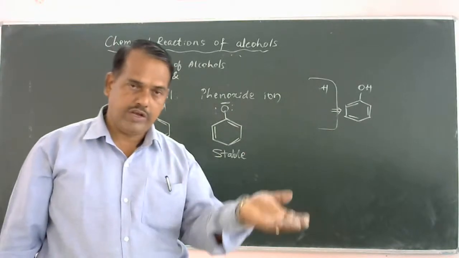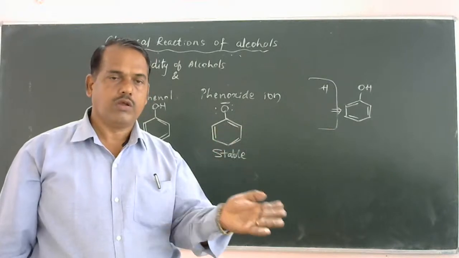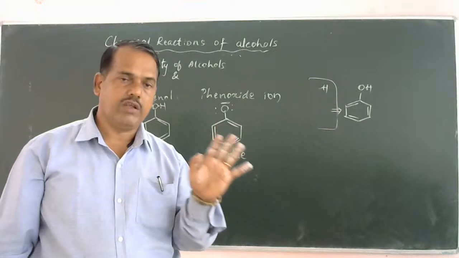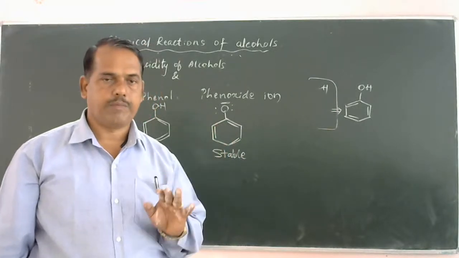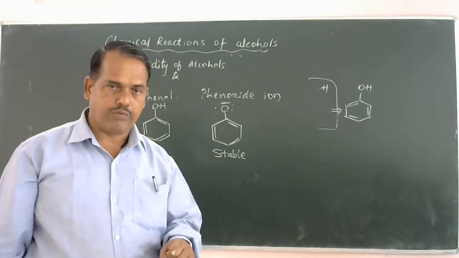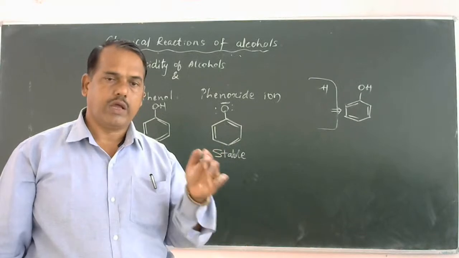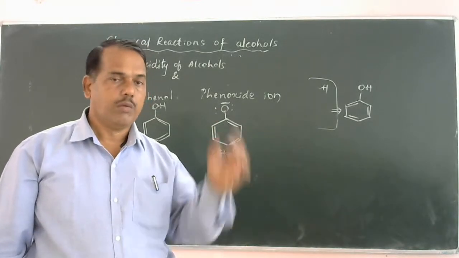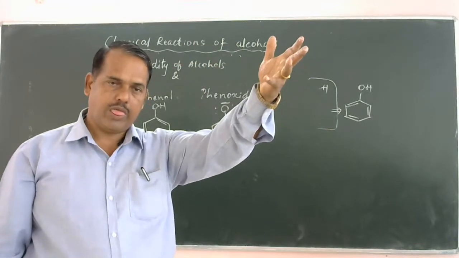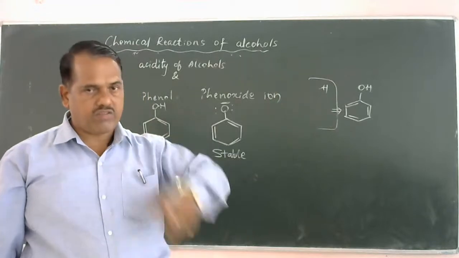If electron withdrawing groups like NO2 are there on phenol, then acidic strength increases because oxygen to hydrogen ionization can take place easily. Electrons are not on the hydrogen atom; they are pulled towards the benzene.